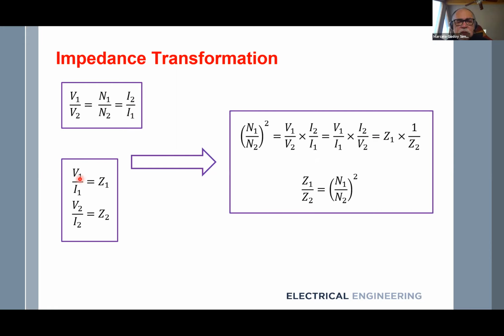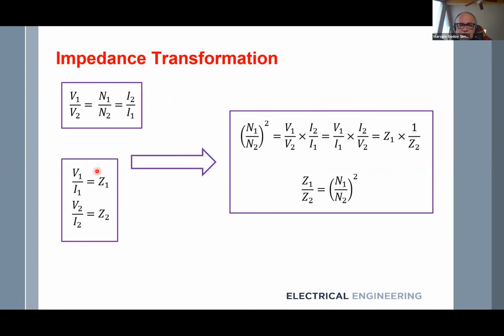I could take the primary voltage V1 and divide by I1. So that would be impedance on the primary side. How is the impedance on the secondary side? I take the secondary voltage V2 and divide by secondary current I2. So that's Z2.